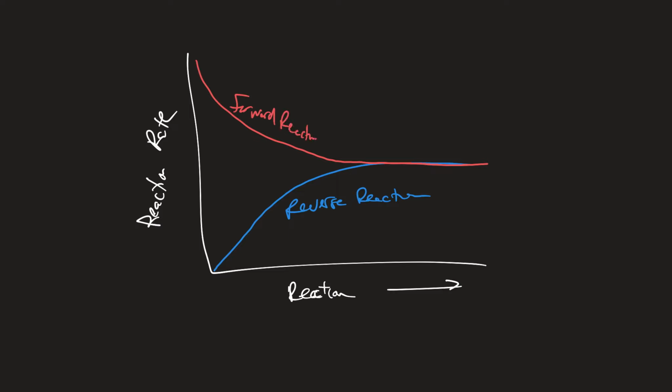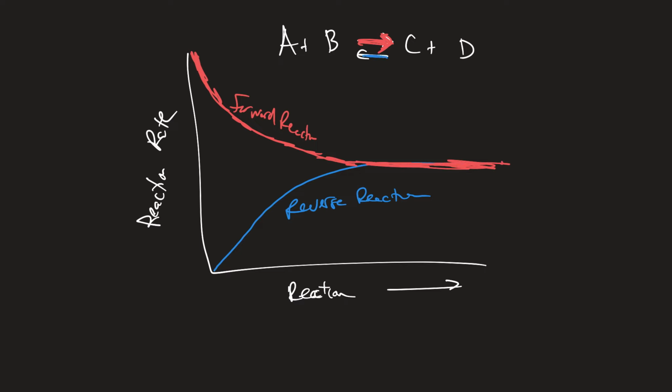I'm just going to make this up. Here's the forward reaction. In the very beginning, the forward reaction is very high, then it slows down over the time of the reaction, and then it stabilizes.